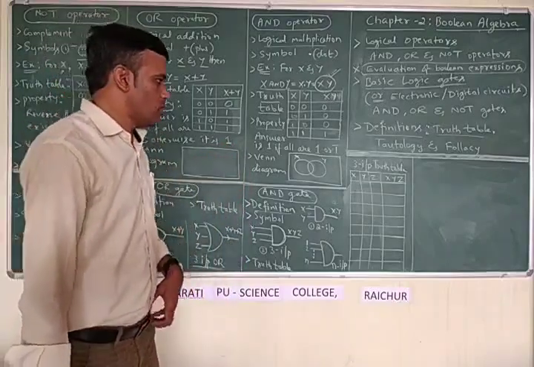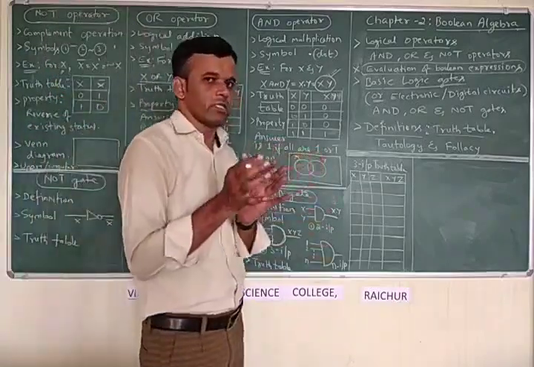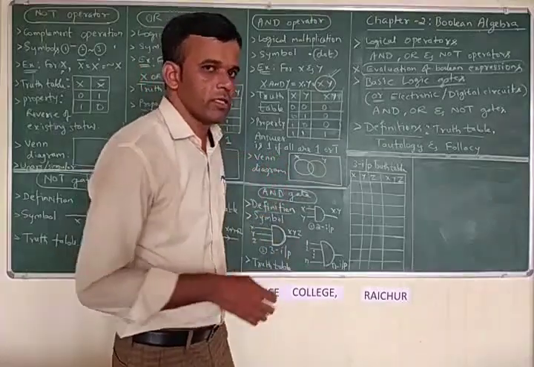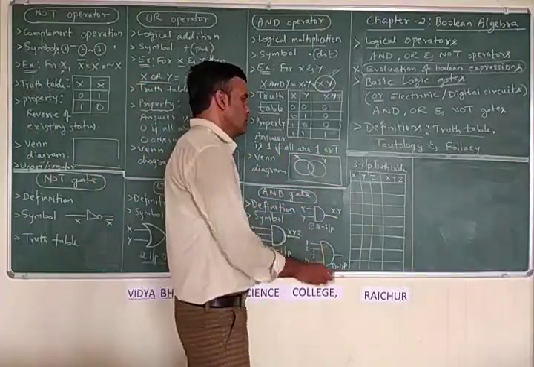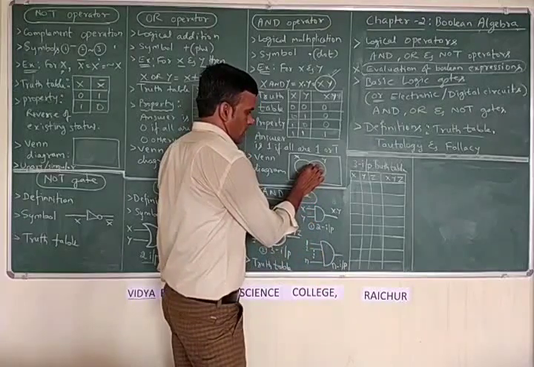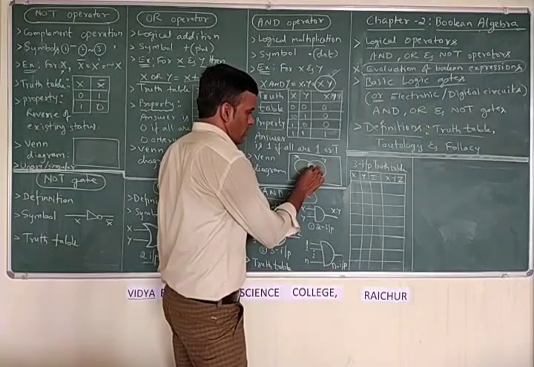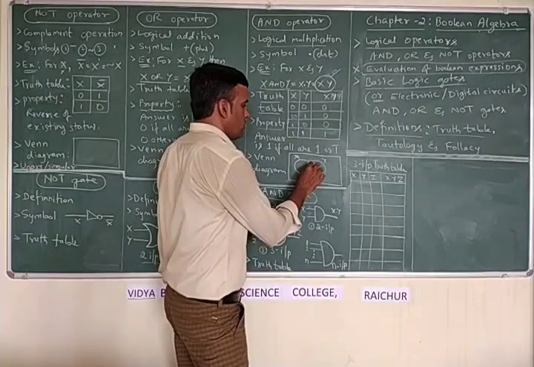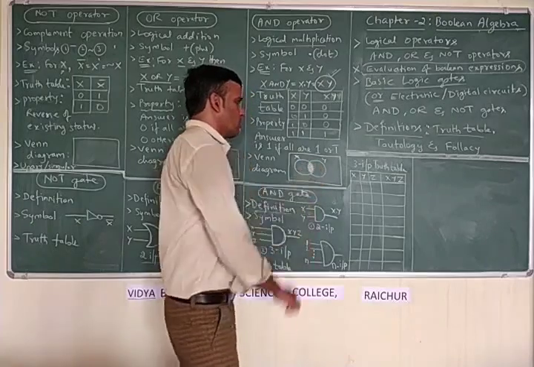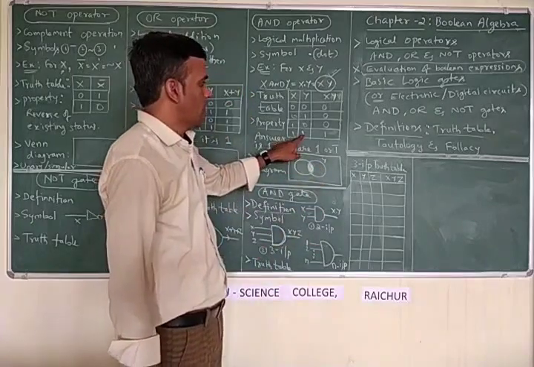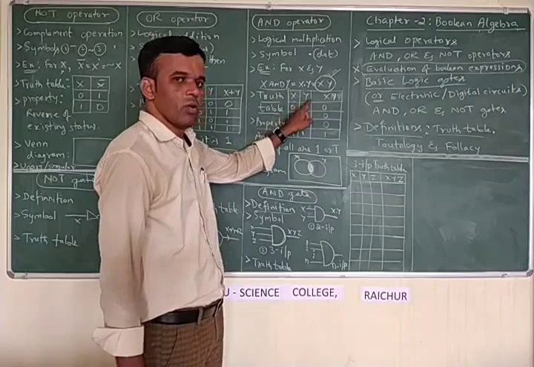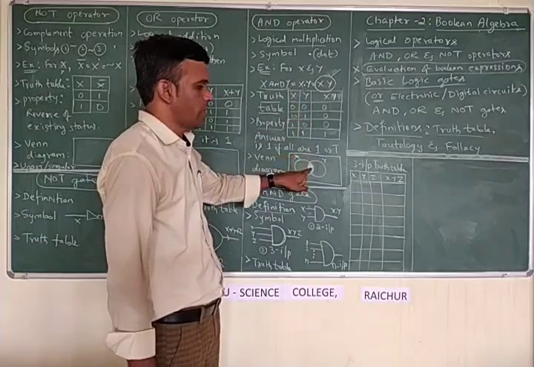In an intersection of two sets, which area are we going to shade in the Venn diagram? This area we are going to shade, because the ones have to be present in both x and y. This is the common area.